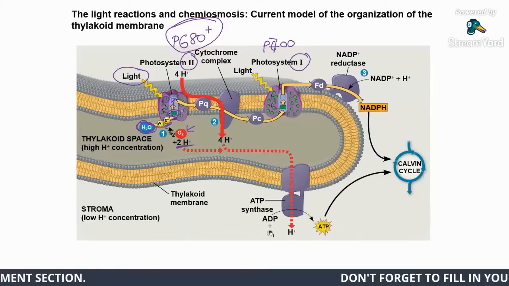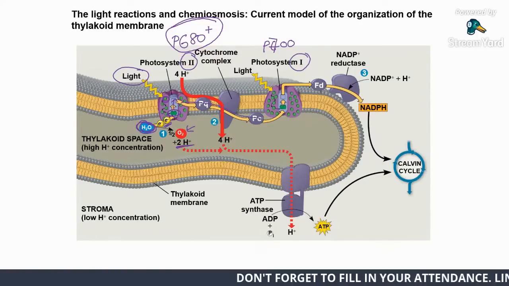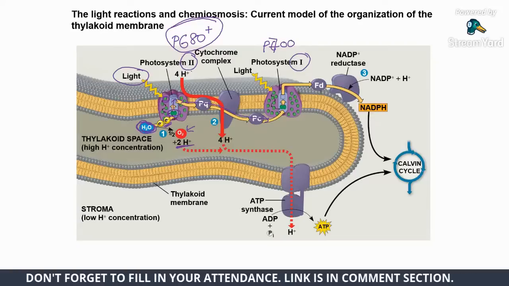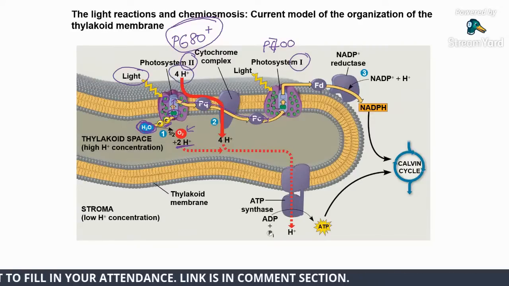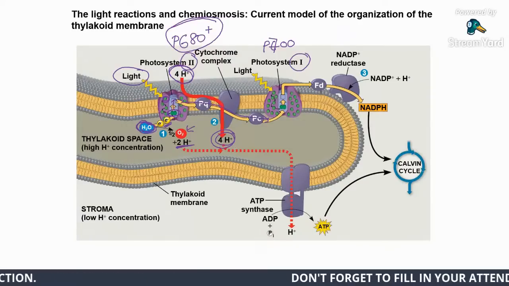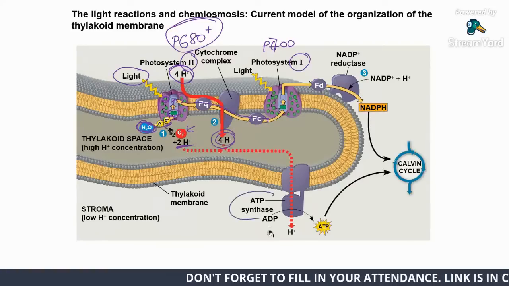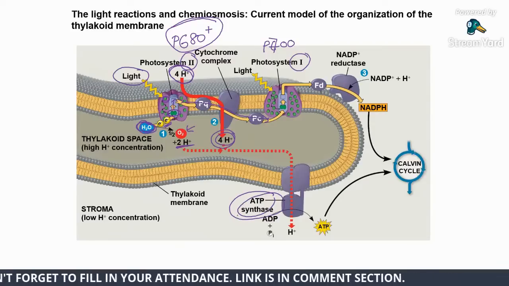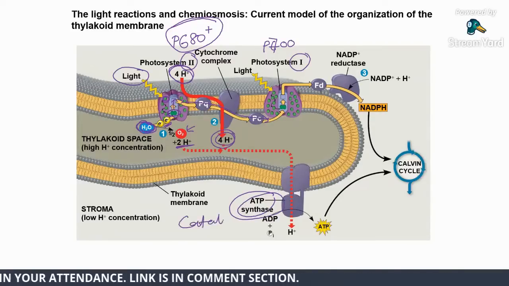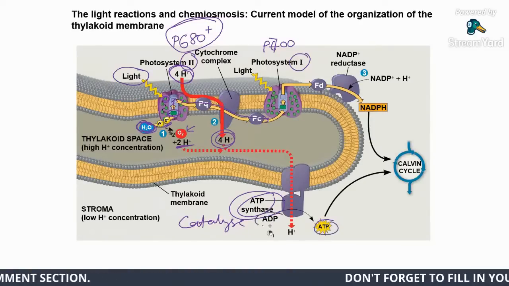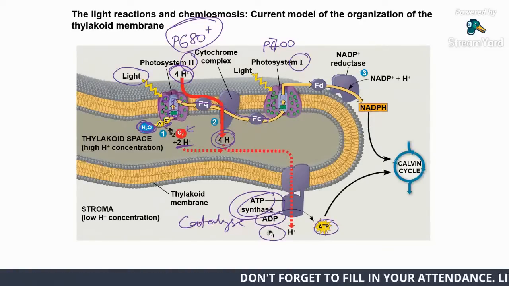Okay, so the electron falls down the electron transport chain, similar, and energy is released. The energy released is used to transport H plus from stroma into thylakoid space. Okay, and then the H plus will diffuse through ATP synthase, and ATP synthase will catalyze the formation of ATP from ADP plus Pi.